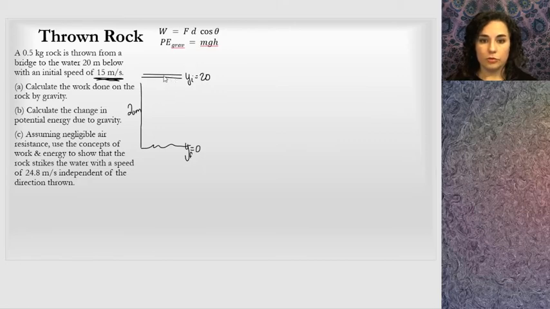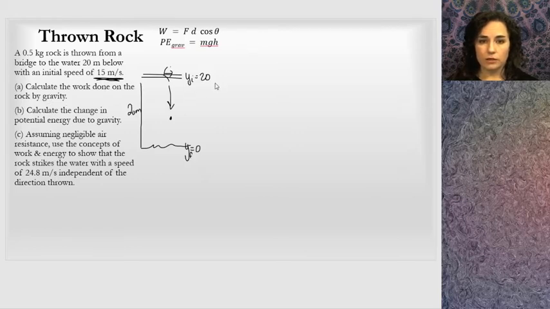And the rock goes down, hits the water below. And like I said, I don't know if it's thrown up, if it's just thrown straight, or if it's thrown downward. I don't know. And actually, see, it says that the speed should be independent of the direction thrown. We'll see this. Calculate the work done on the rock by gravity.